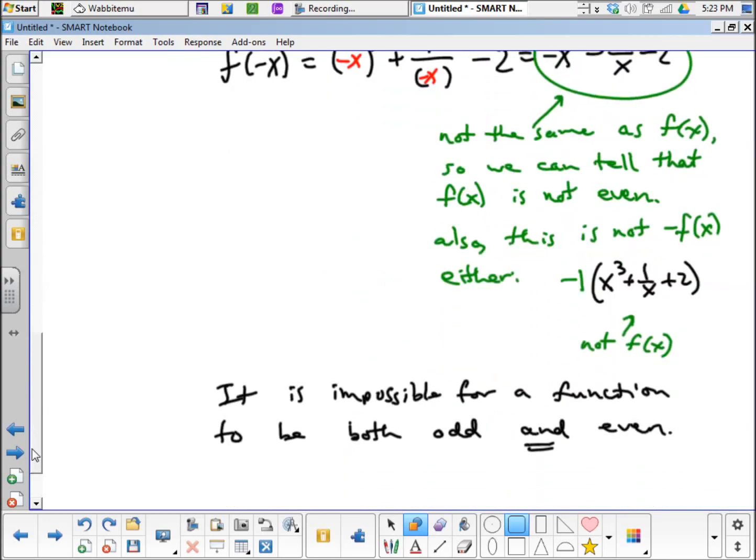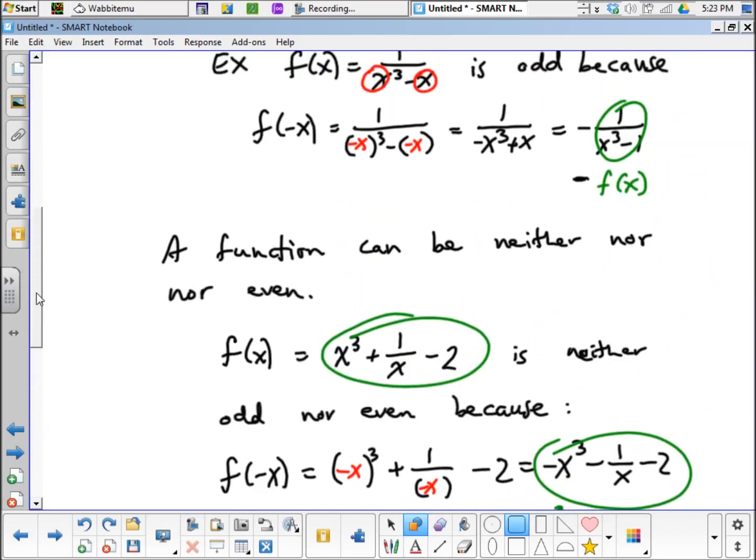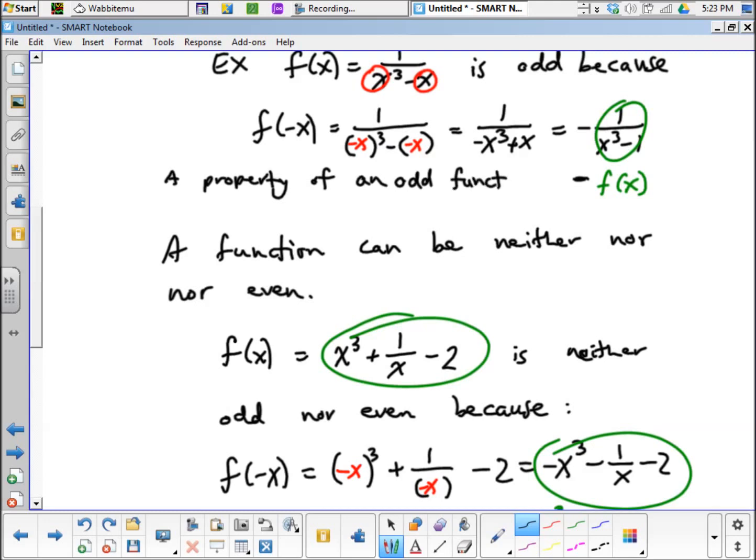And the sentence would go something like this: a property of an odd function, so we squeeze this in up above here, is that it has the origin as a point of symmetry. Okay? Alright.